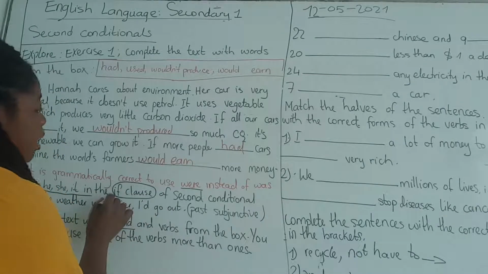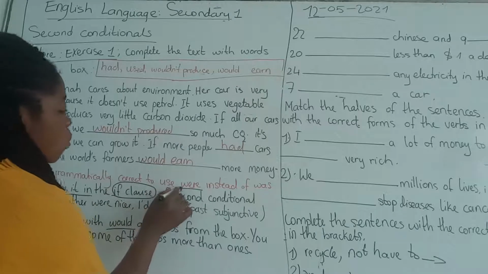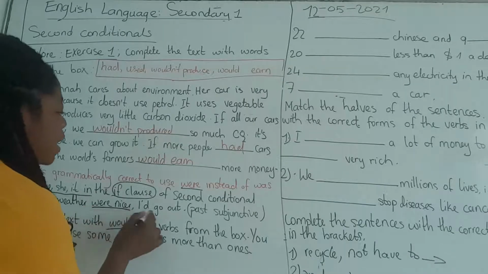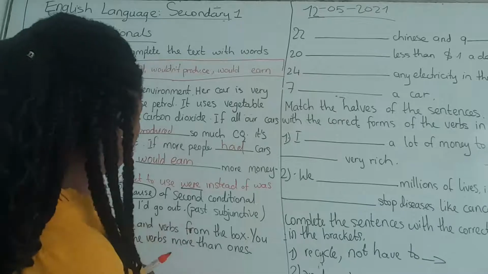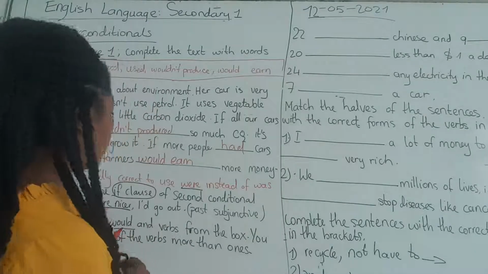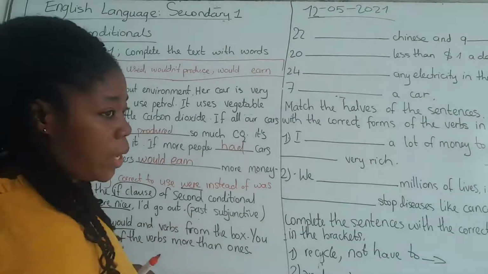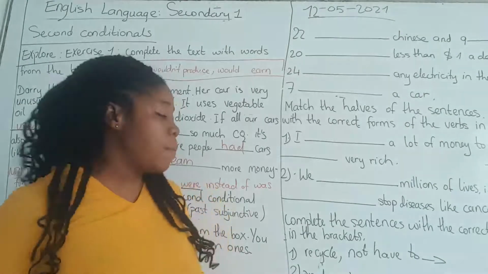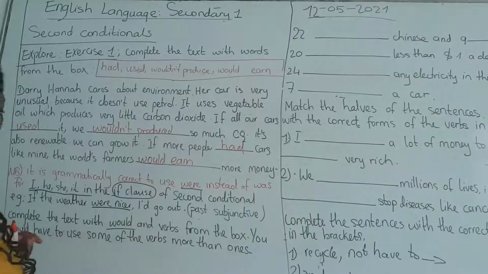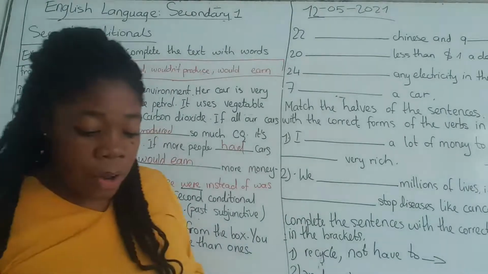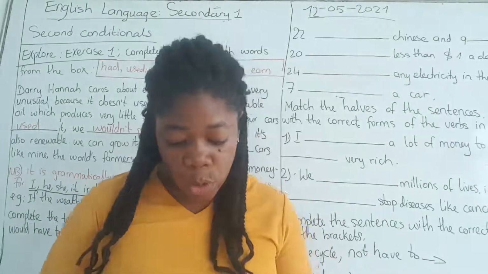So after the if clause, you can use were instead of was in the second conditional. For example, if the weather were nicer, I'd go out. This is the past subjunctive which we have almost forgotten about. This was just a reminder. Let's move to number 2.